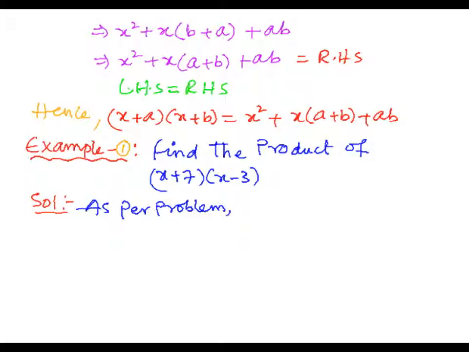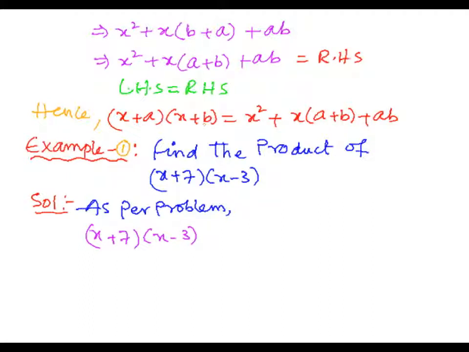there are two algebraic expressions, or two polynomials, which are to be multiplied in order to find the product. One is x plus 7, the other is x minus 3. They are in the form of (x plus a) into (x plus b).